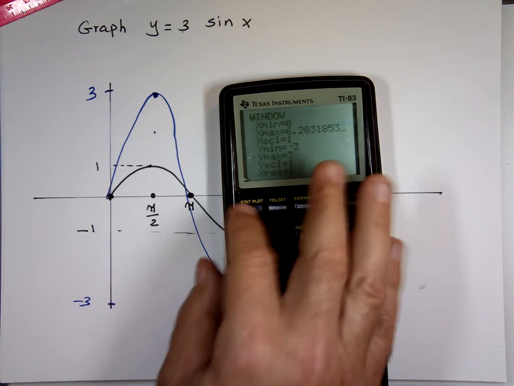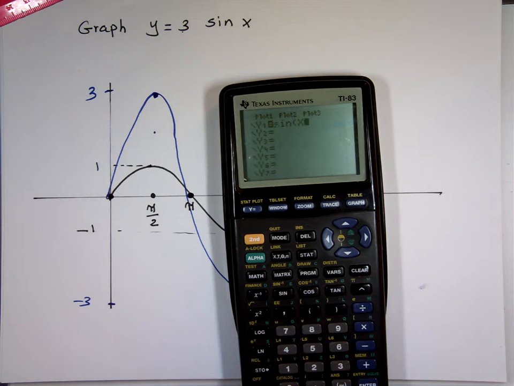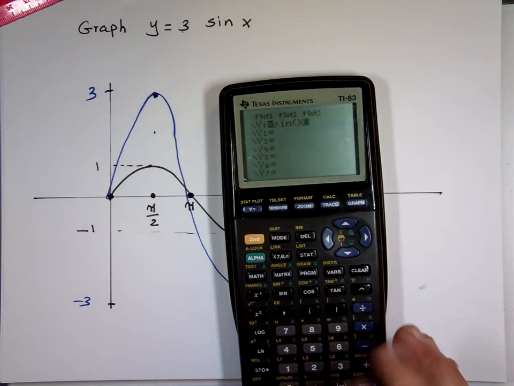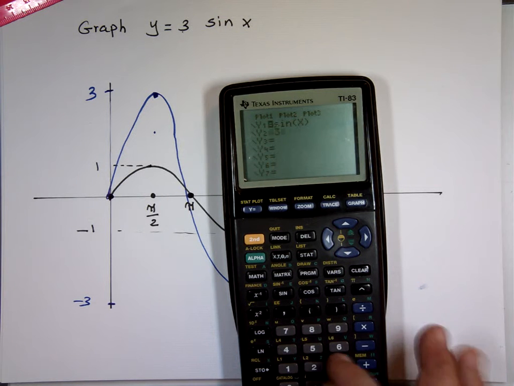Let me write the first one. I'm going to write sine of x. The one thing I forgot to do is what? The next one is what? I'm going to graph 3 times sine of x.